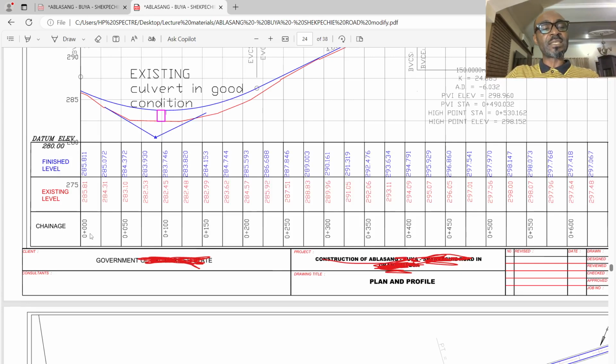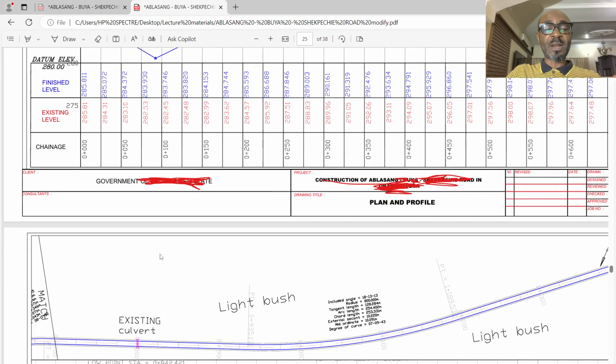The chainage is at 25 meter intervals: at 0, at 25, at 50, at 75, at 100, at 125, 150, 175, 200. This is how it has been changed to the distance of 25 meter intervals. That is the distance between one chainage to another. So that also is very important that we keep at the back of our mind.